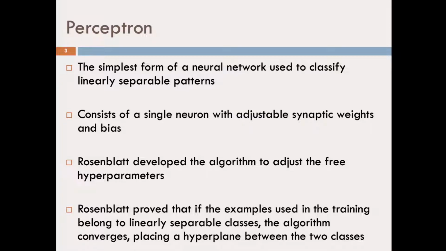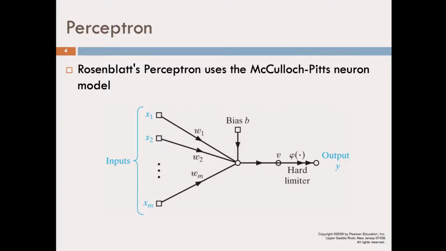Nice. So this is the model for an artificial neuron. This is called the McCulloch-Pitts neuron model. You can think you have a linear combination of an input multiplied by a weight, plus another input multiplied by a weight, plus another input multiplied by a weight, and so on, plus a bias.